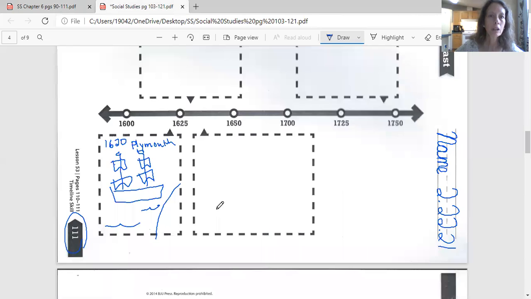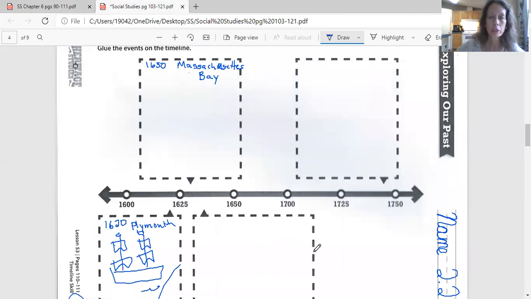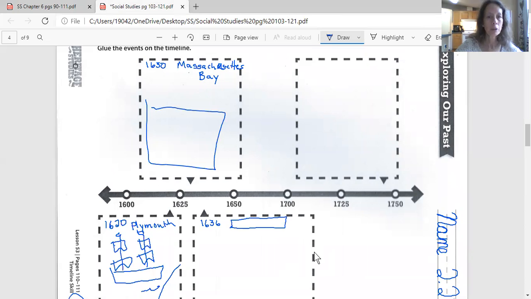And up here, we're going to put 1636. And you need to tell me what went on here. I'll have you draw your picture in here.